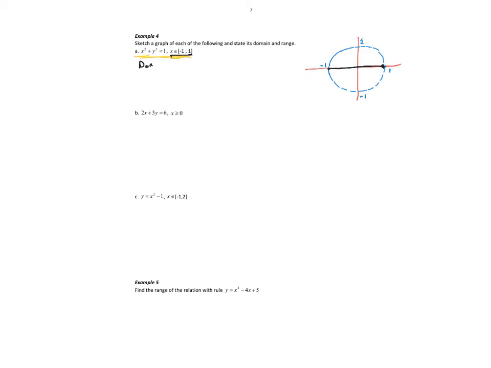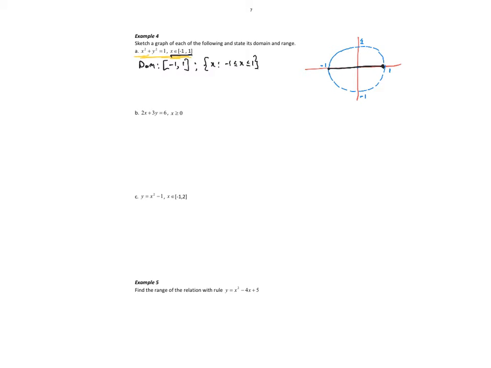So the domain is given by [-1, 1]. That's our interval notation. Remembering the square bracket means we include the endpoint. That's the same as saying the set of values x such that -1 is less than or equal to x, which is less than or equal to 1. Both sets of notations are fine.